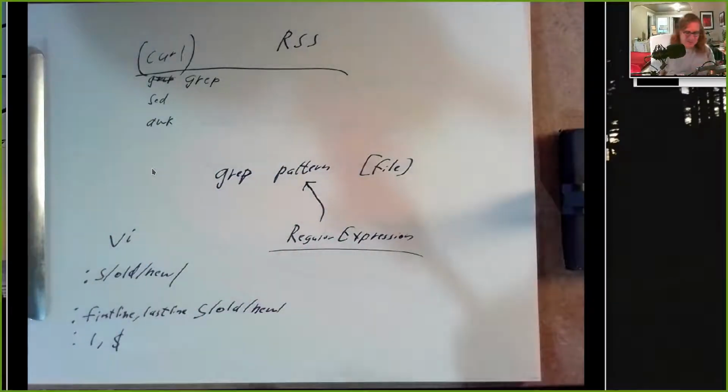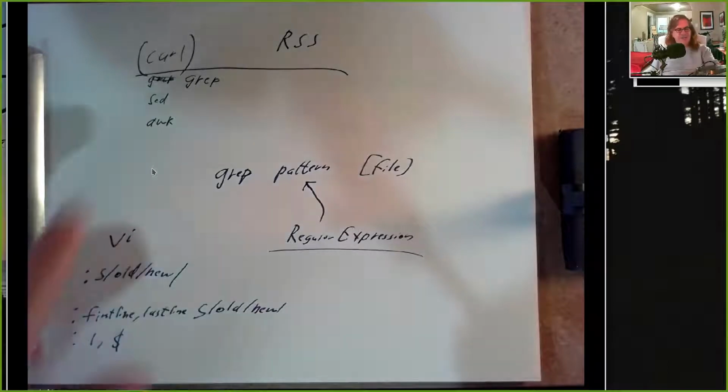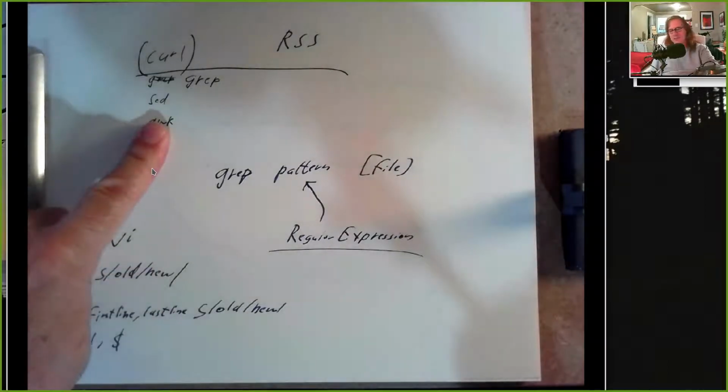In particular, I could use the $ sign for the last line of the file, so 1,$ substitute old new replaces something everywhere in the file. We can do that in VI. We can also do it outside of VI, and this is basically what sed can do for us. So sed is short for the stream editor.